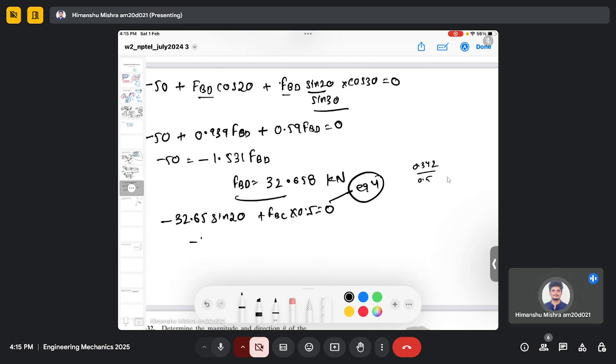So this will become 11.166 equals to minus FBC. So this FBC will be 22.33 kilonewton.